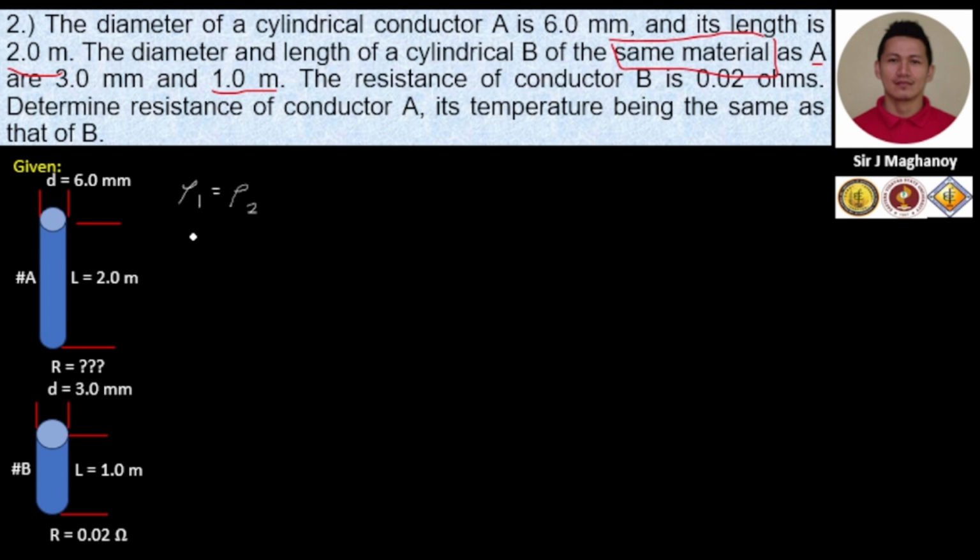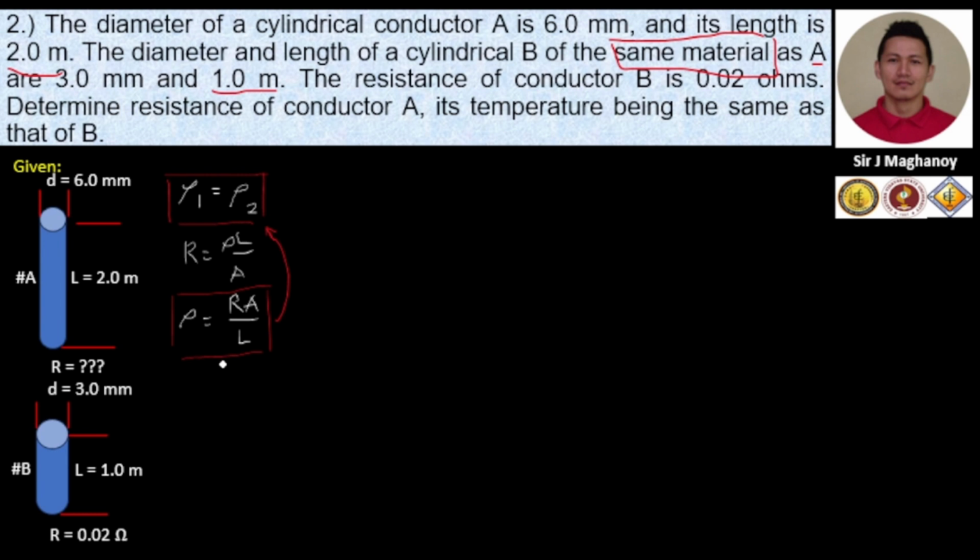So we need to recall the formula for resistance: resistivity times length over the cross-sectional area. If we transpose this in terms of the resistivity, our resistivity is equal to the resistance times the cross-sectional area over length. So this is our formula that will be substituted to our condition of the problem.